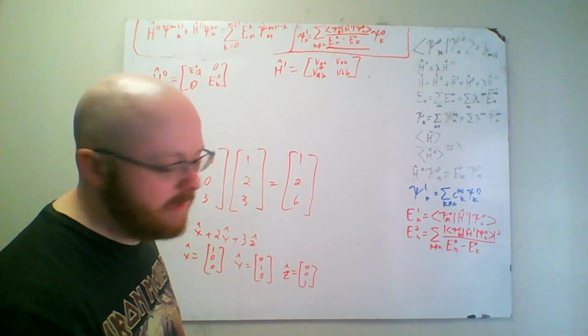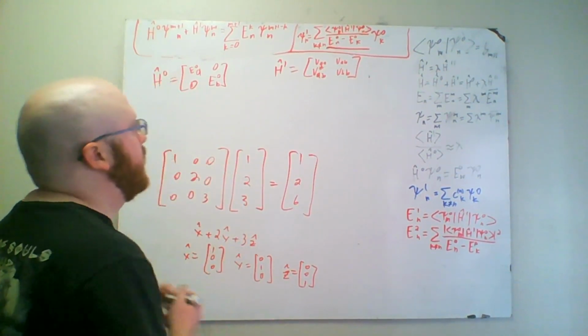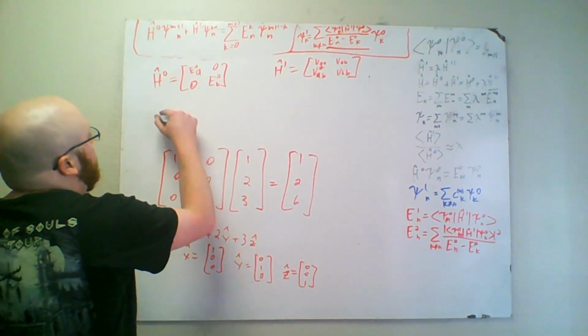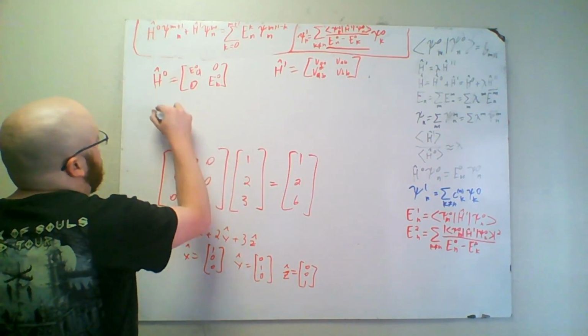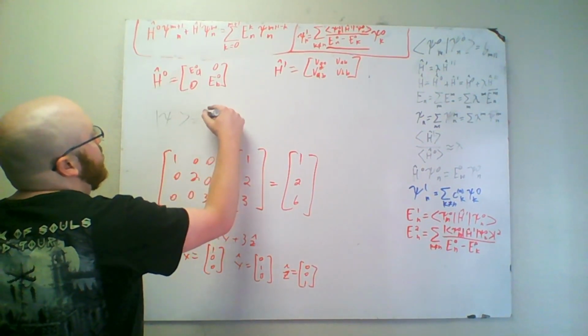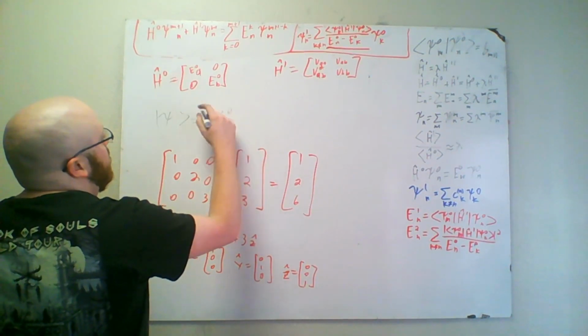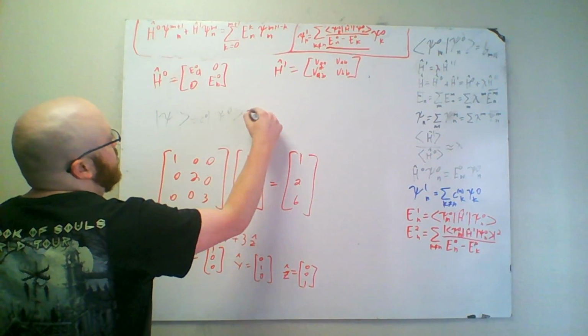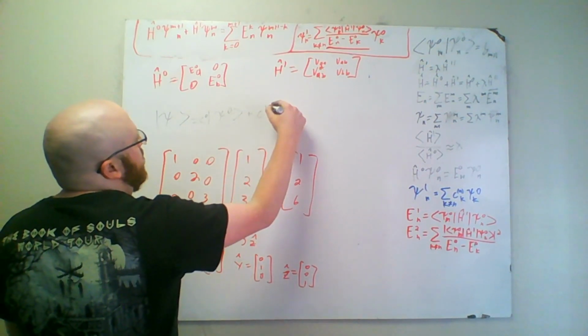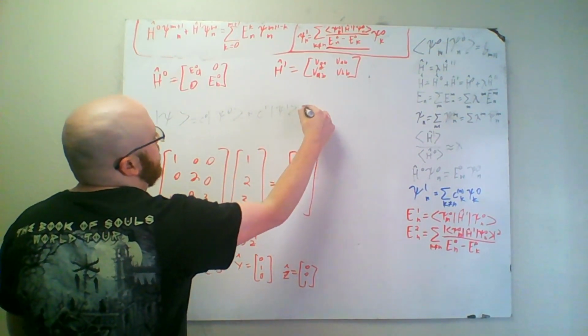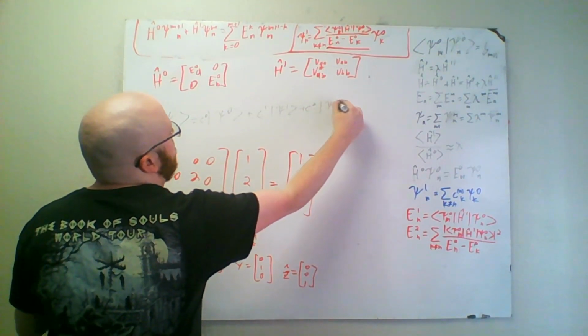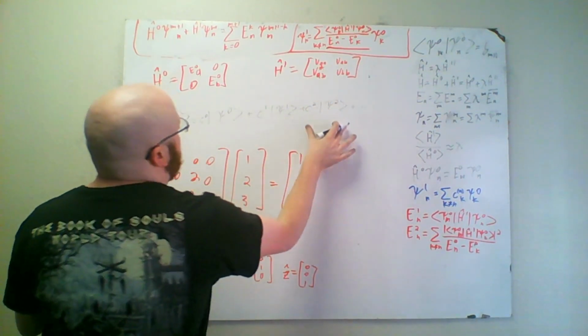instead of writing the states out like this, let's say my wave function is equal to, and I'm ignoring perturbation theory right now, C0 psi 0 plus C1 psi 1 plus C2 psi 2 plus dot dot dot, right?